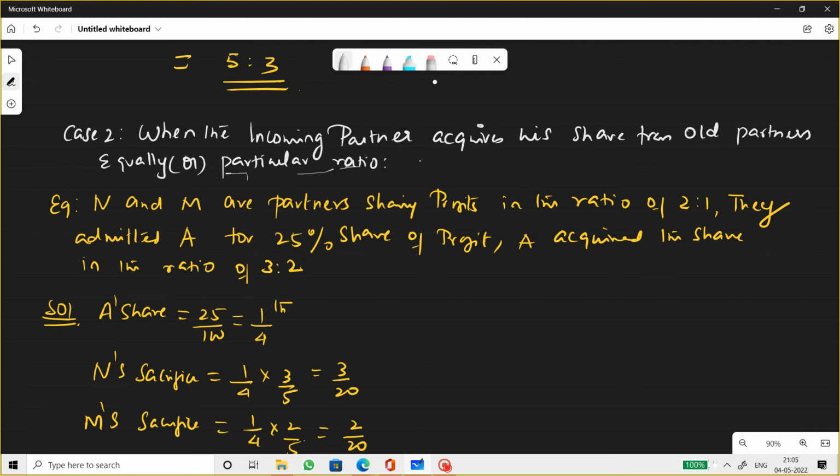An example to support that: N and M are partners sharing profits and losses in the ratio of 2:1. So this is the old profit sharing ratio. They admitted A for 25% share of profit. A acquired the share in the ratio of 3:2.